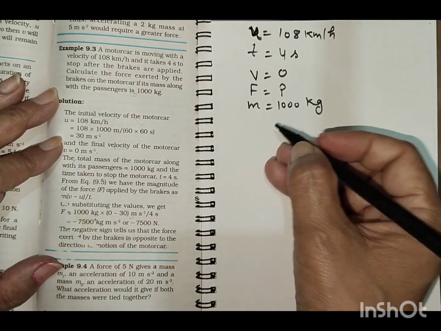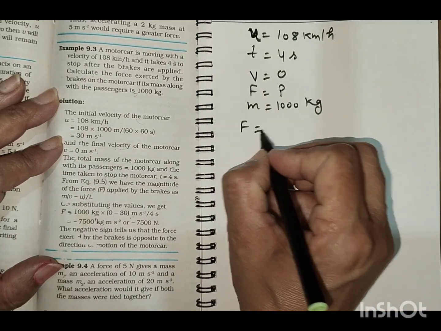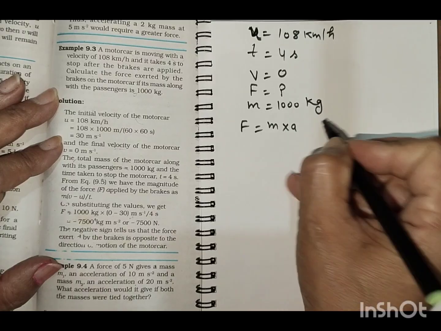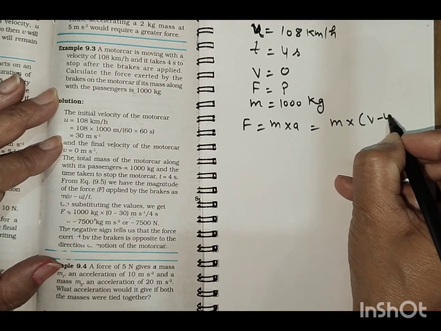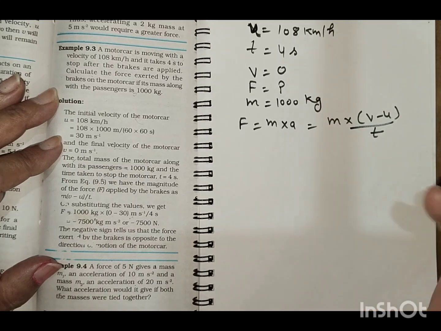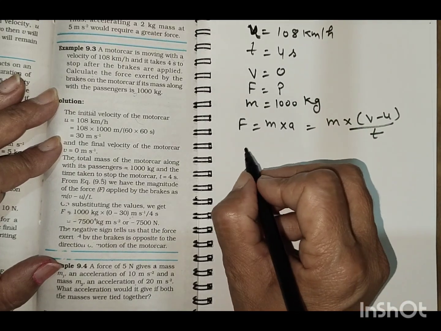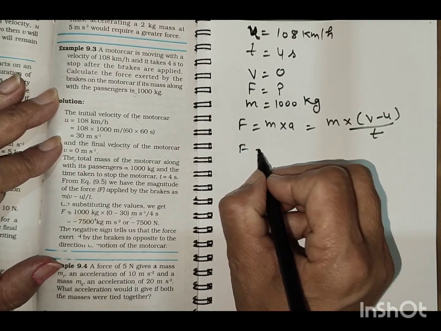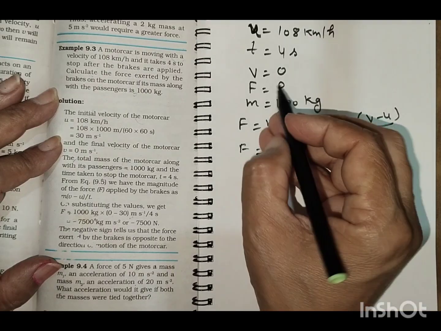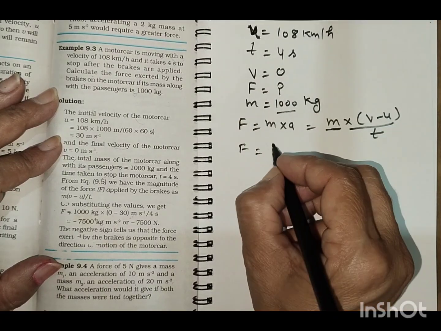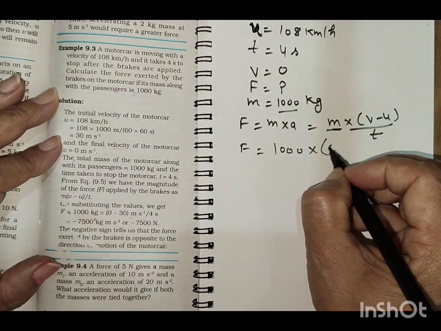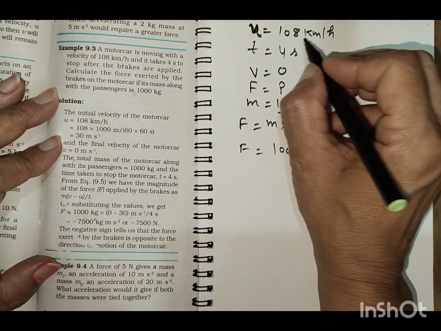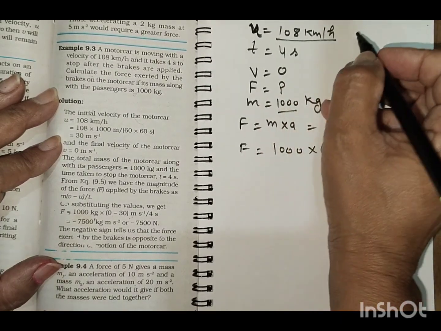Now write down the formula. F is equal to m into a, or m into (v minus u) by t. Now put the values. F is equal to mass is 1000, v is 0, u is 108 km per hour.